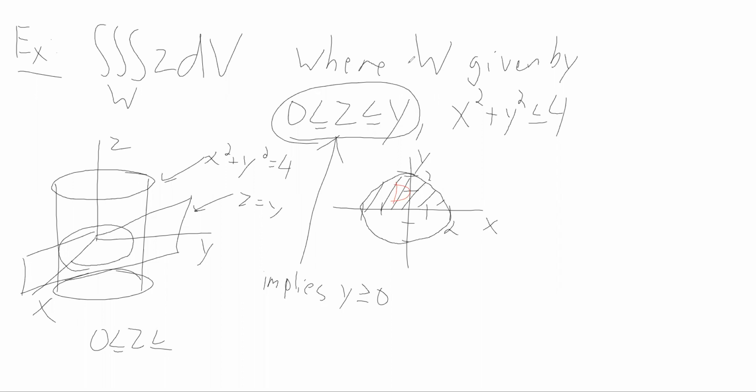What is y equal to in cylindrical coordinates in terms of r and theta? R sine theta, right? And then we go to r and theta, where x and y live. It's this polar region here. So r goes from what to what? The points in this region are, what's the closest we get to the origin?